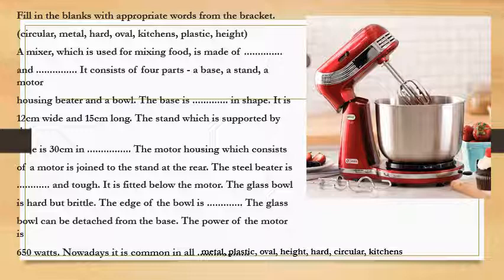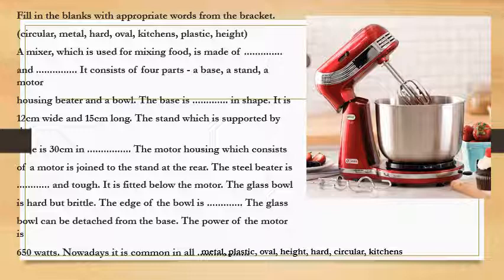The base is oval in shape. It is 12 cm wide and 15 cm long. The stand, which is supported by the base, is 30 cm in height.